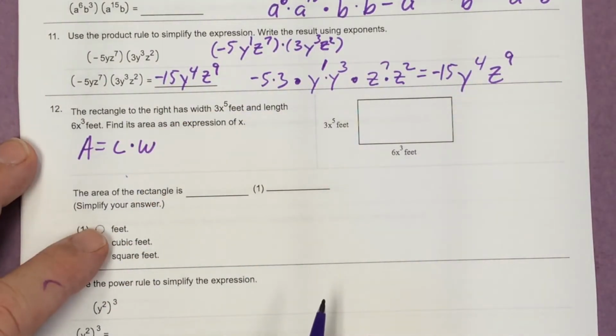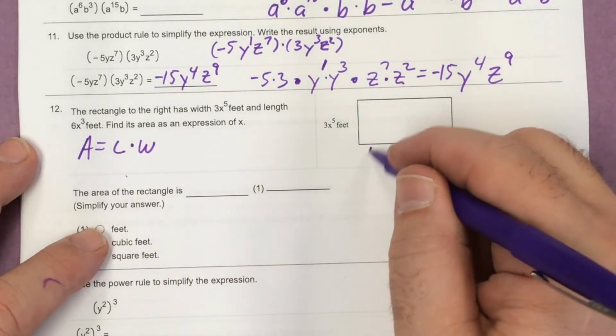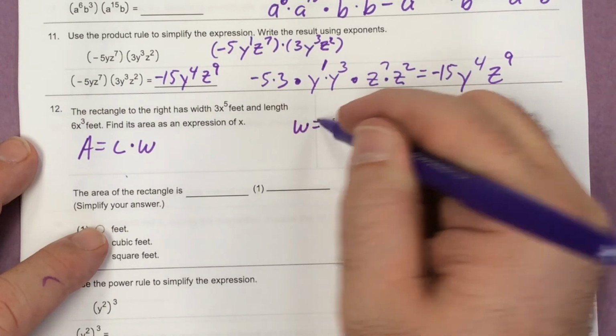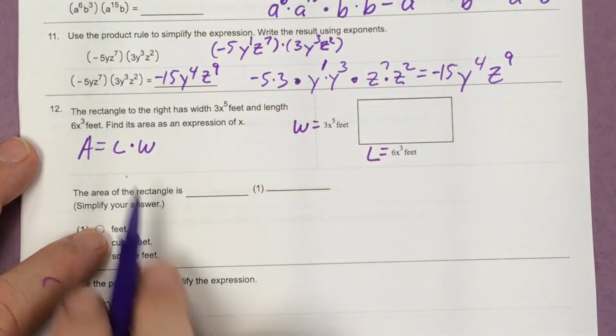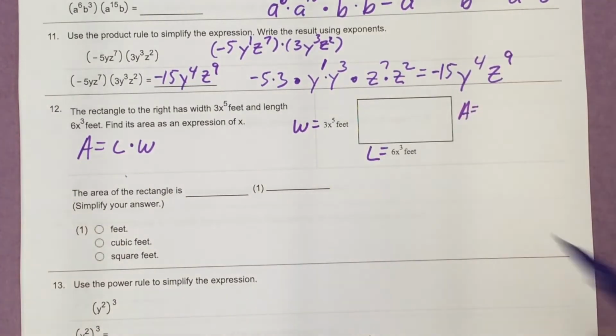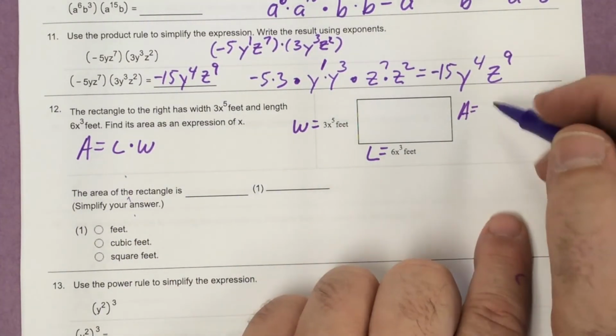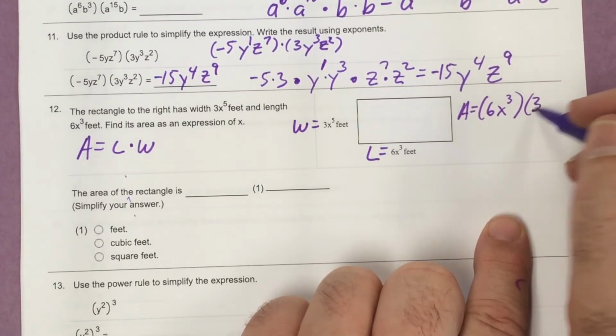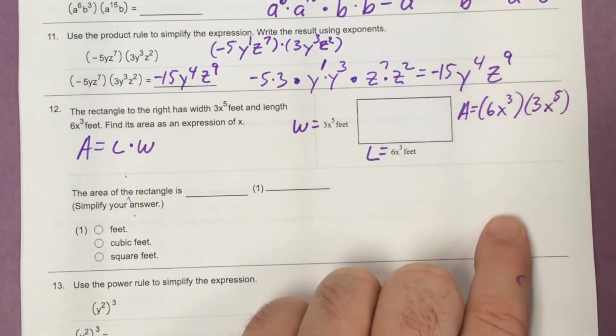So you need to know that formula. I'm going to label this measurement as the length, and this measurement as the width, and substitute in that formula over here. So I'm going to have A equals length times width. That's going to be 6x to the 3rd times 3x to the 5th.